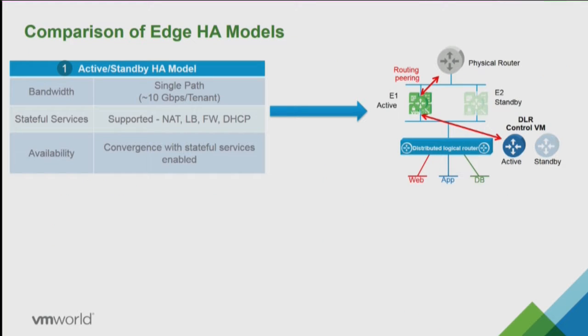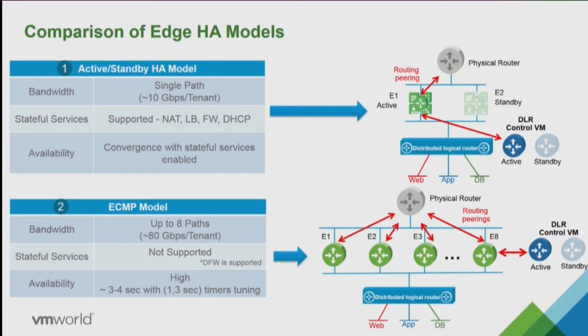Okay, just a comparison of the different HA modes. The first one that we have seen is active standby, where we've got a single edge handling the north-south traffic, so around 10 gig of traffic. We can do even better now with the new NICs. And stateful services are supported.